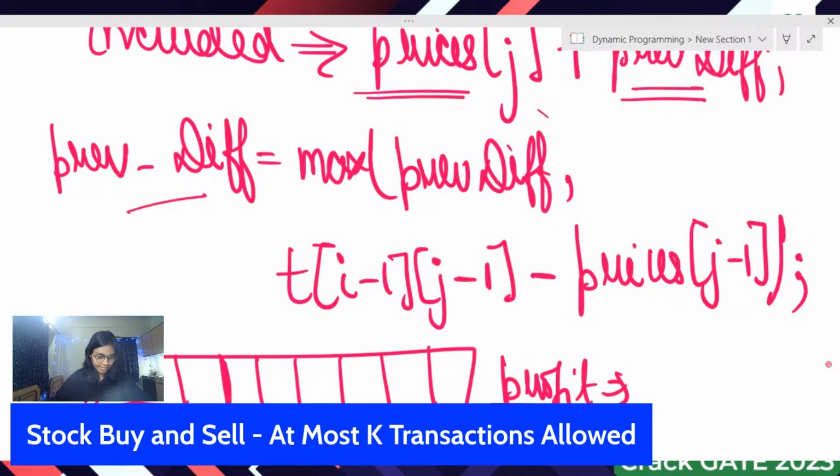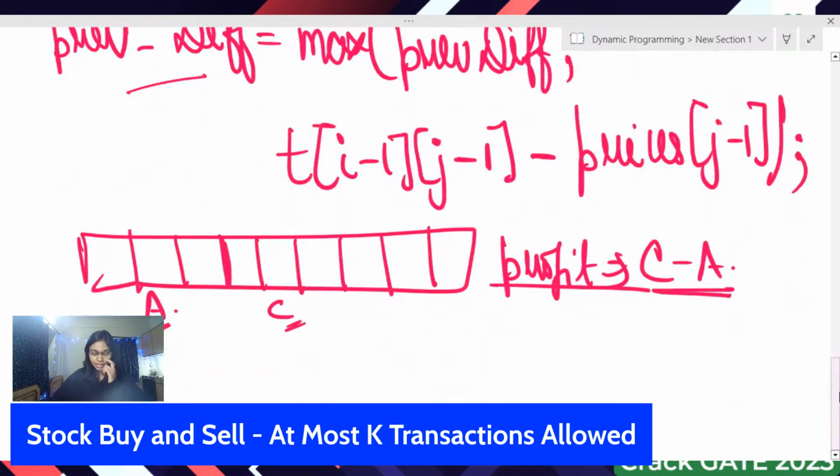You sold it at C and bought it at A. C minus A, exactly. So basically we are just calculating all. Let us say you have sold it at C and bought it at B. At that time, what is the maximum profit that you are going to get?